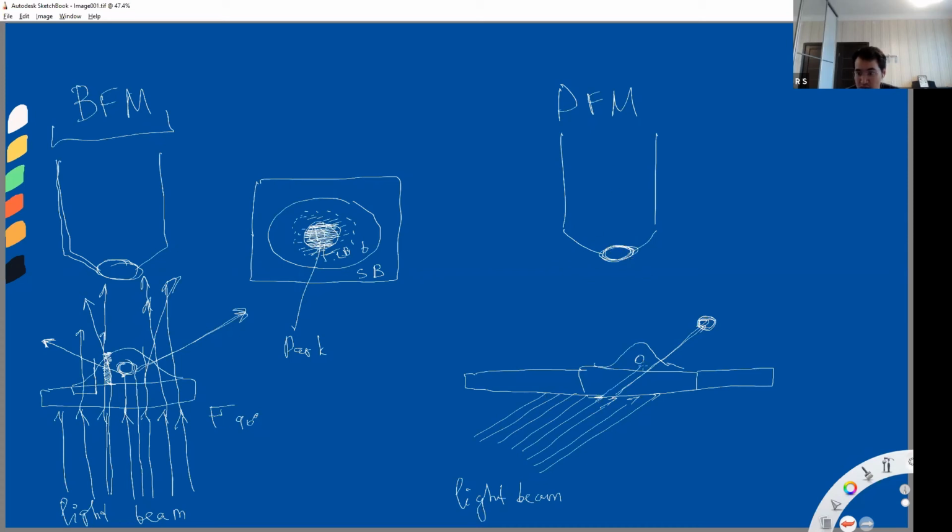But whenever we have thicker parts or very solid ones, some of them will be scattered. So this guy will be scattered in this direction, but this guy will be scattered towards our objective. And for example, this one will start bending and also will be scattered towards our objective. Other parts will just pass through the cell and we will lose it.